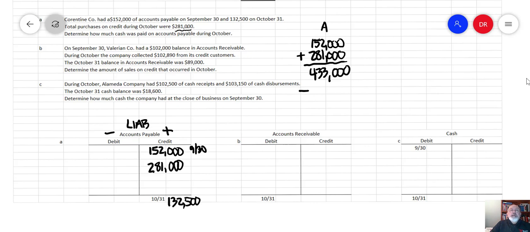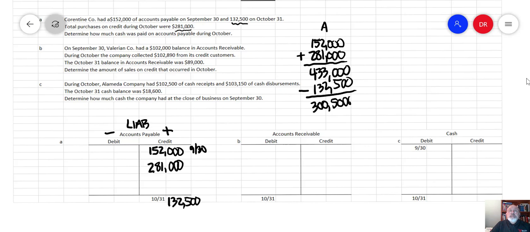So we're going to subtract out the ending balance. The ending balance right here of 132.5 to figure out how much in payments we made. Subtract that out. So we add this, subtract the ending balance, and we get 300,500.